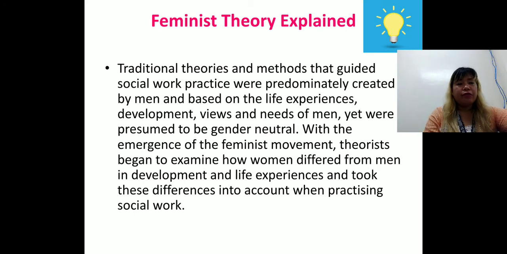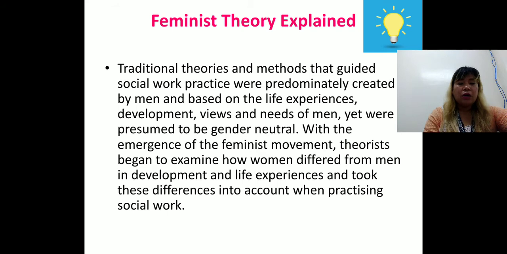As you can see, we have learned already a lot of theories, like, for example, the Freudian theory, Carl Jung, Adler's, Carl Rogers, who are men, right? And most of their theories are actually based on their life experiences, and they view the needs of men. So, with the emergence of the feminist movement, theorists began to examine how women differed from men in development and life experiences, and took these differences into account when practicing social work.